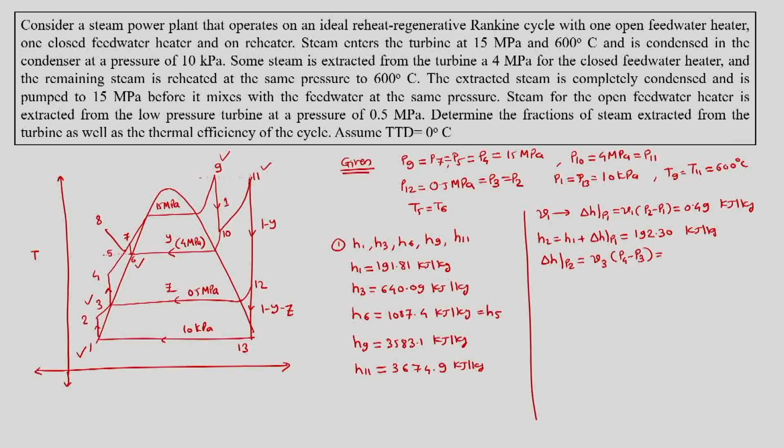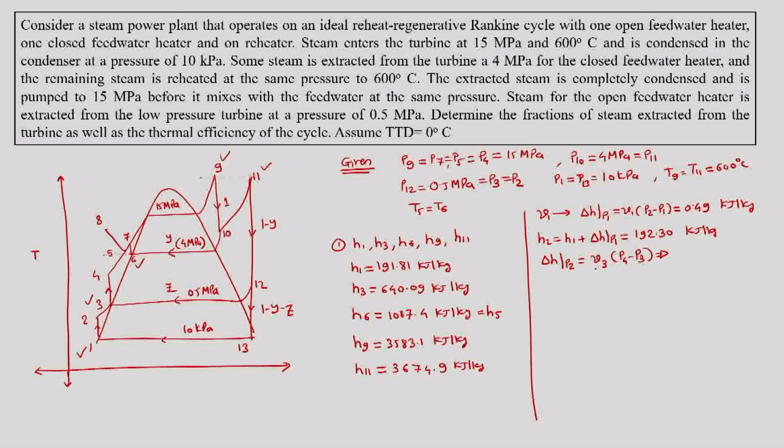We can carry forward from here and we get delta HP2 as 15.84, which will be helpful for finding out H4, which is H3 plus delta HP2, and this gives us H4 as 655.93. Now we have H4.